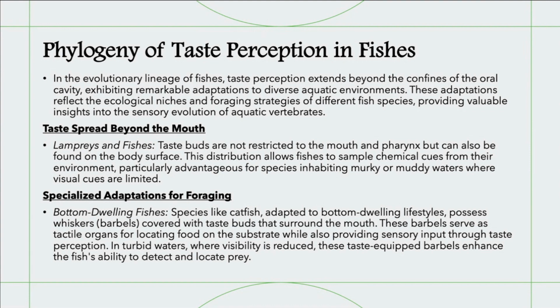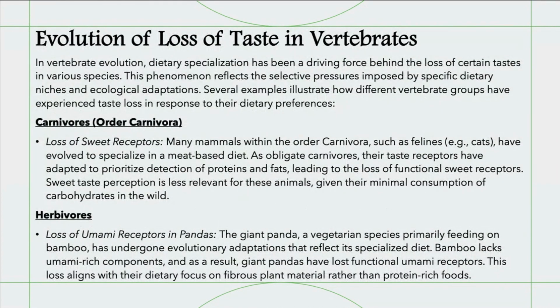So in turbid waters, where visibility is reduced and they're not really able to see things, these taste-equipped barbels or whiskers allow the fish to be able to feel where they could find their next prey or food source.